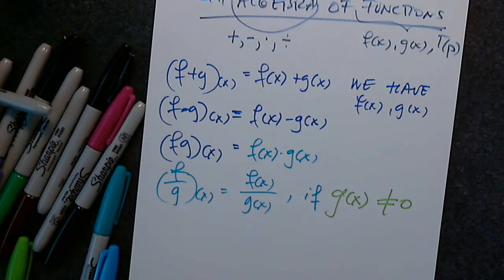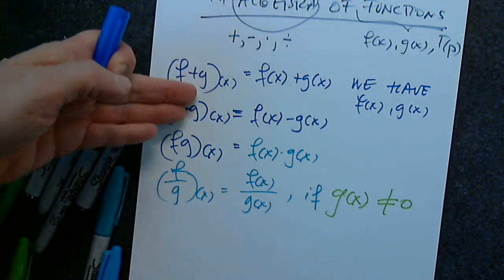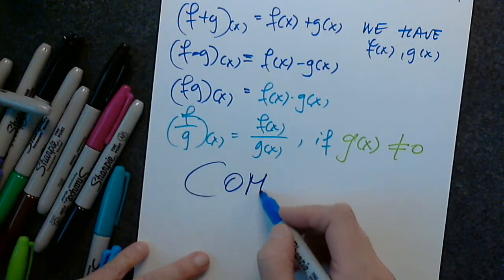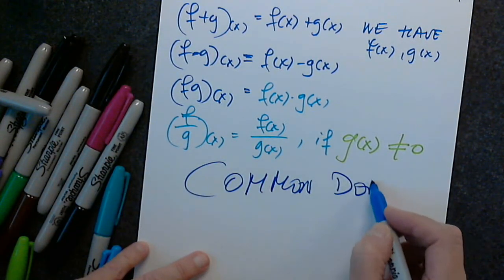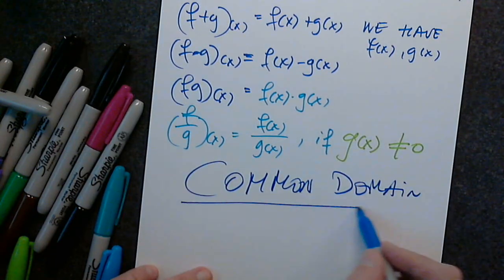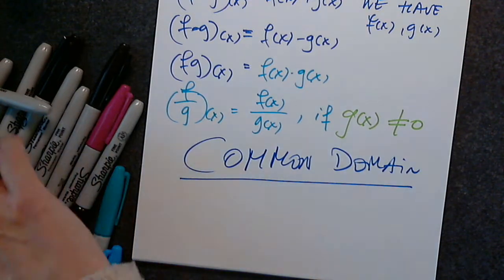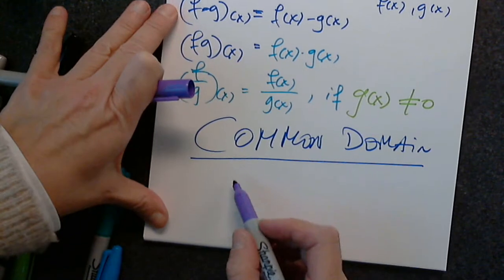Okay, now before we look at an example of how to create these functions, we have to talk about common domain. Because we will not always be able to create these functions. It depends on the domain, if they have a common domain. So let's look at a graph of two functions.